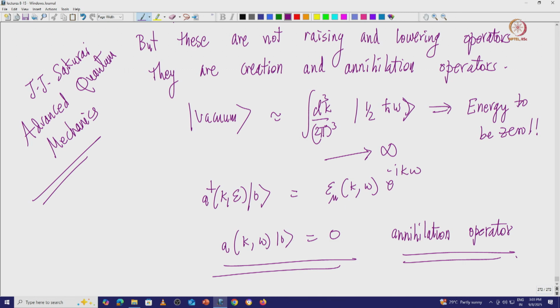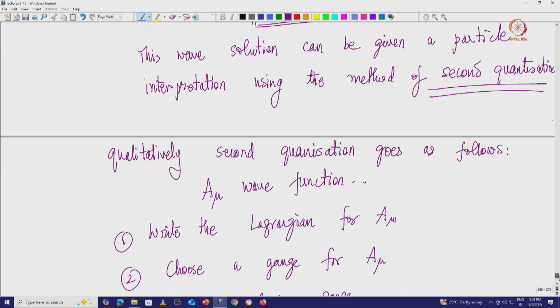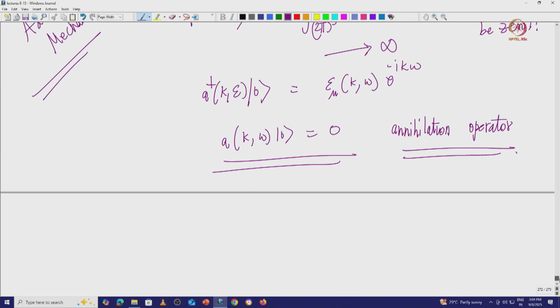So, from this vacuum you create a whole bunch of states, which we call the Fock states. You can apply the creation operator several times, so an n-particle state can be created with several photons, because it is a boson.